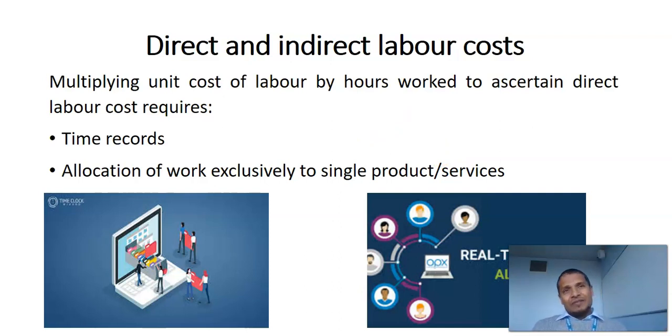And not only for the labor cost, in some cases, overhead costs are also being allocated based on labor cost. So labor time and labor cost are important in the case of allocating other indirect costs, that is, overhead cost as well.